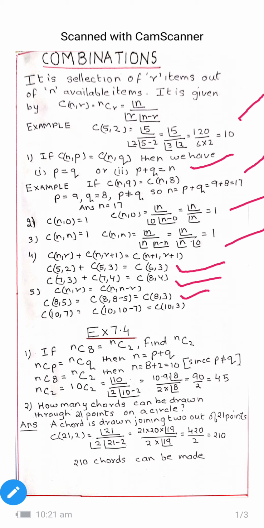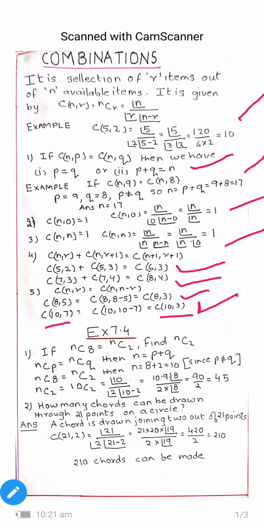If we know the value of 10C7, we know that 10C7 is 10C(10 minus 7), 10C3. So if we know the value of 10C7, 10C3 is same as 10C7.